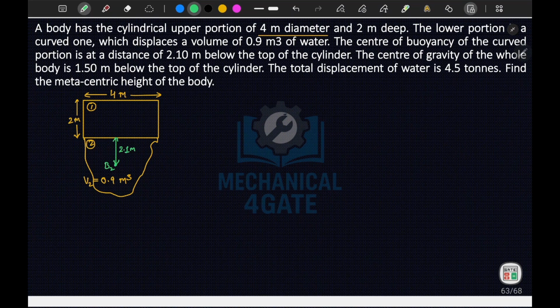Now what else is given? The center of buoyancy of the curved portion is a distance 2.1 meter below the top of the cylinder. Sorry, this is not v2. v2 is like this, from the top of the cylinder. Okay, so since it is from the top of the cylinder, so I can write it as your 0.1 meter. Okay, something like this.